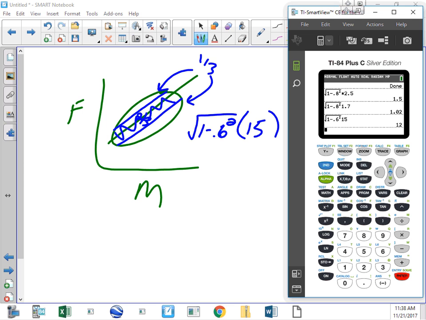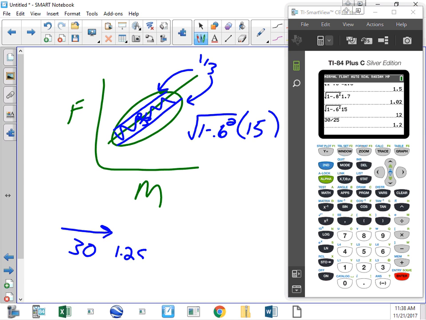Okay? Predict the final score for students whose midterm score was 80. So how far off is 80 from the X bar? 30. So I need to go right 30, which is how many SDs? Divide that by 25, and I get 1.2 SDs to the right.